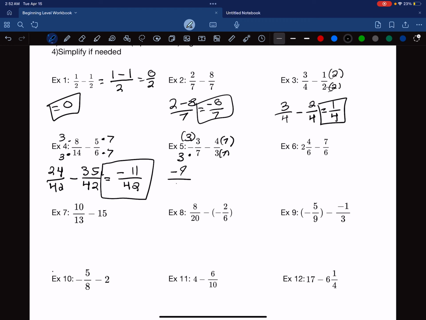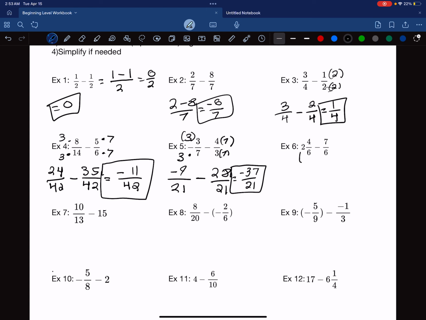And 3 times 7 is 21. Then we're going to subtract 4 times 7, and 4 times 7 is 28 over 21. Negative 9 minus 28 will get you negative 37, and we'll put that over 21. And that is our answer.